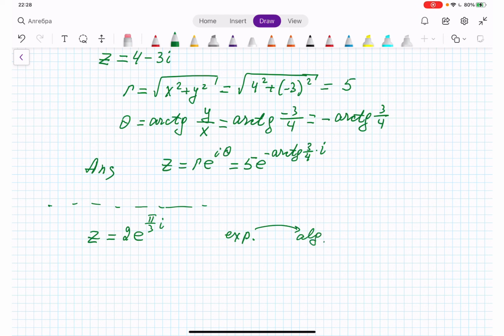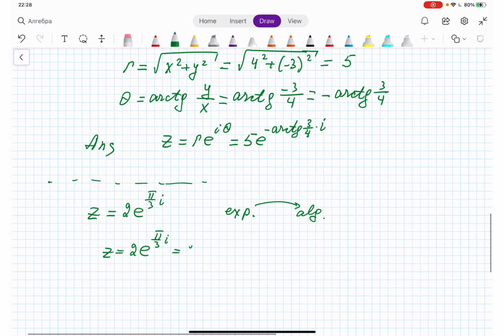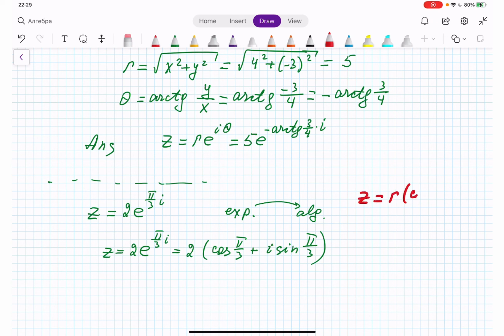Okay, so using Euler's formula, we can write down z is equal to e to the power pi over 3i is equal to twice, this is r, right? And here we have cosine pi over 3 plus i sine pi over 3, right? Because we know our complex number z is equal to r times cosine theta plus i sine theta.